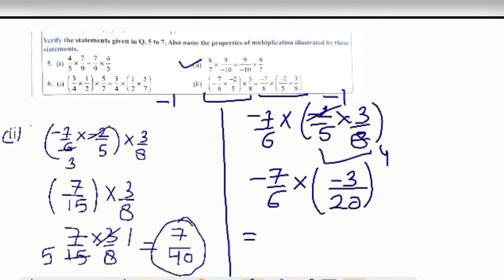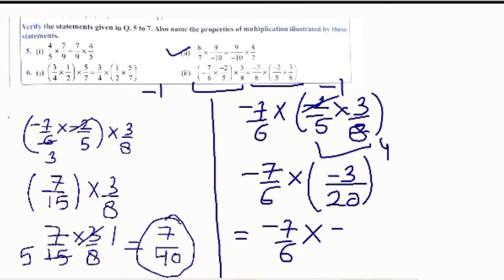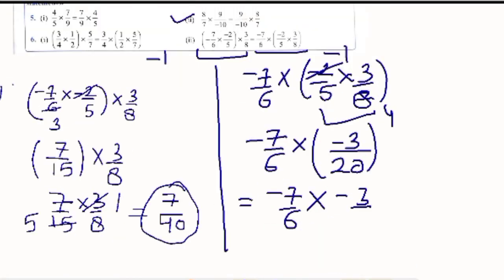Now open the bracket. Minus 7 upon 6 multiply minus 3 upon 20. Now solve them and cut the numerator and denominator if they are divisible by any same number. 3 ones are 3 of minus sign, 3 2s are 6. Okay.